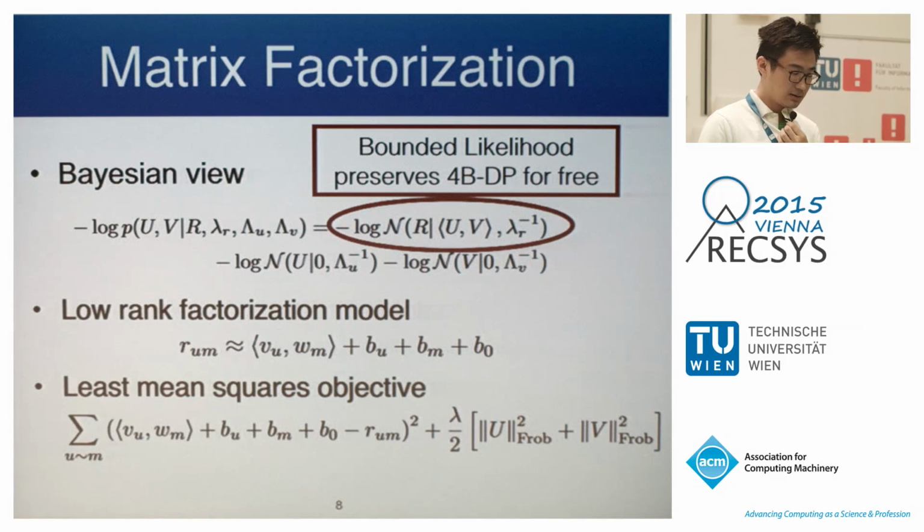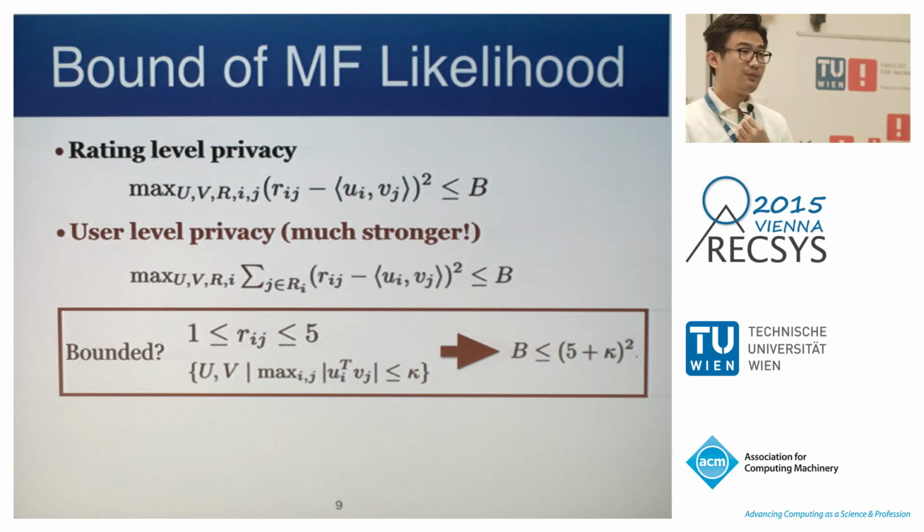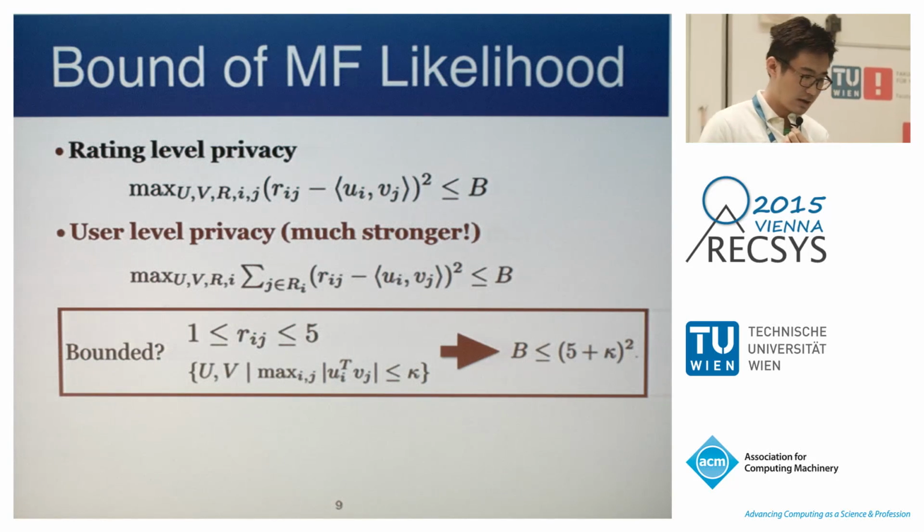As we said, if the log likelihood is bounded, then when we sample from the posterior distribution, we preserve differential privacy for free. So it comes to how to bound your algorithm.